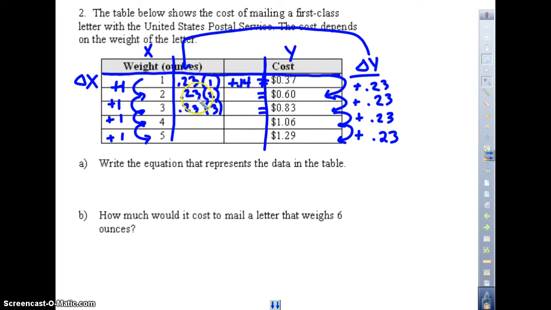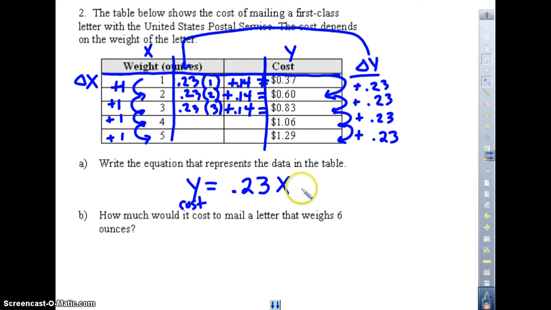What's two groups of 23 cents? 46 cents. 46 cents plus what gives you the 60 cents? Yeah, 14 cents. Can you write the equation now? Y, or your cost, Y equals what? 0.23 multiplied by what?